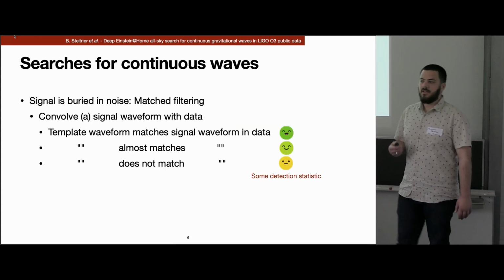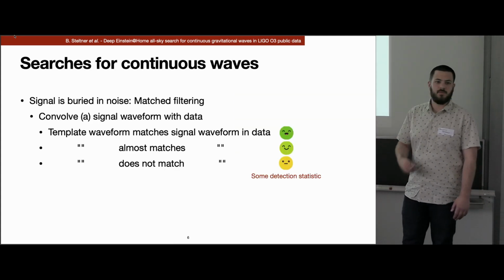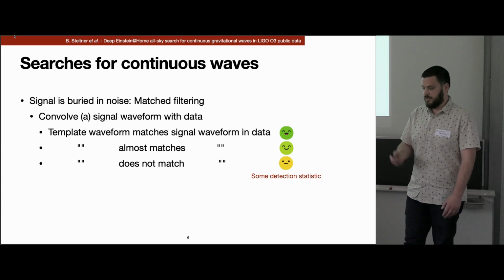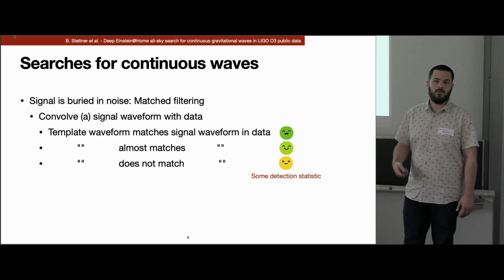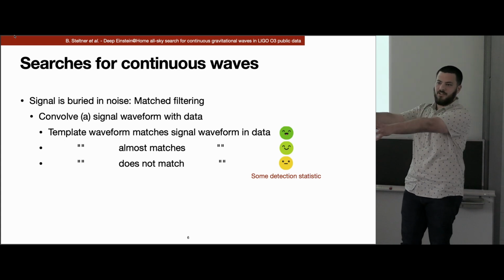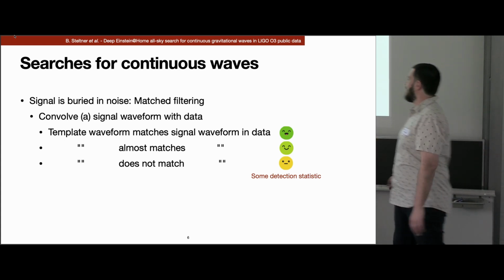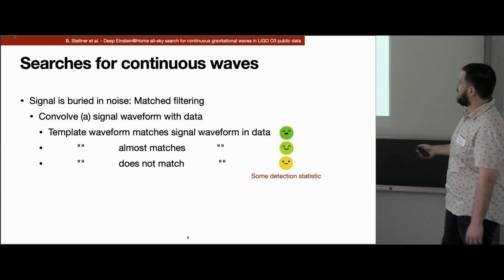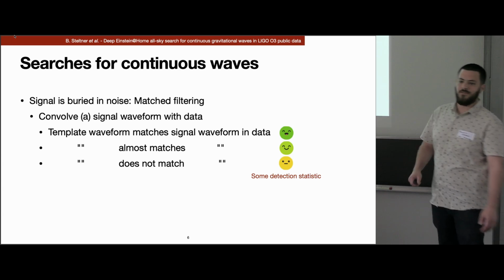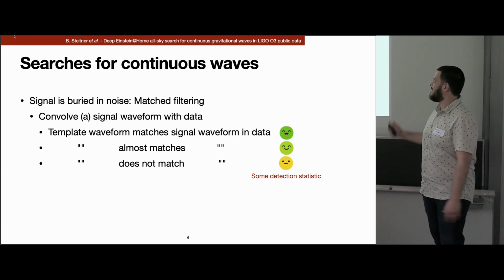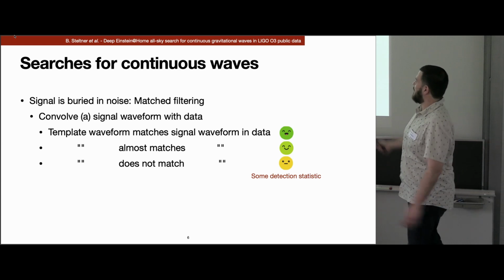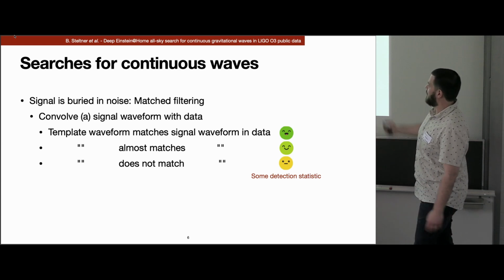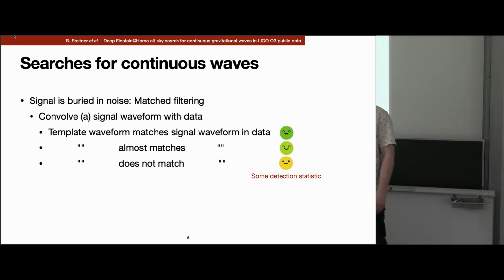Since these signals are so weak, we use matched filtering, which Lucia already mentioned, which is basically convolving a signal waveform with the data. So we throw a template at the data, and if it matches, some detection statistic gets excited. If it only matches a bit, it gets less excited, and if it does not match, it's totally unfazed. I wish we wouldn't have numbers, but emojis at the end of our time.